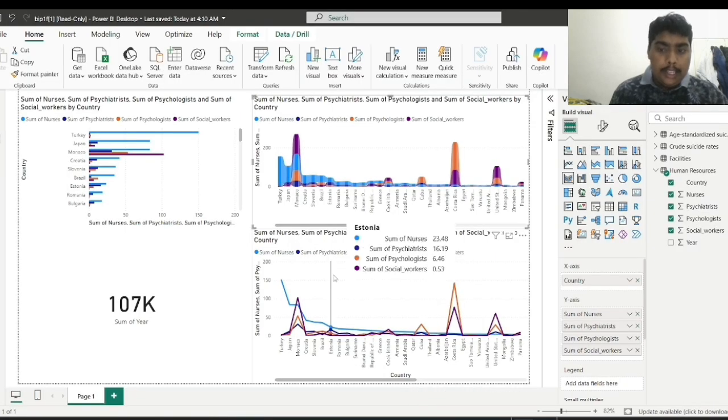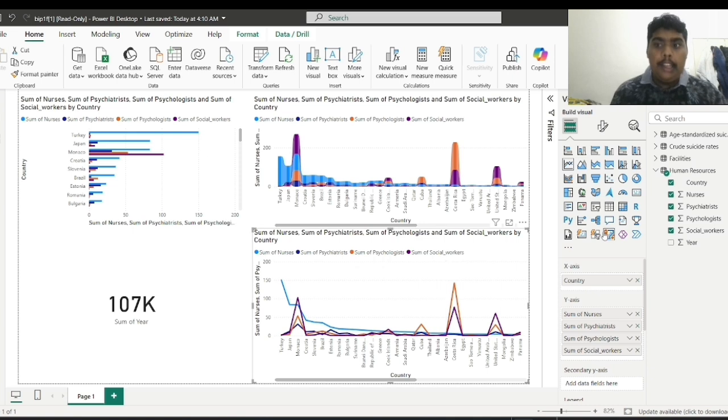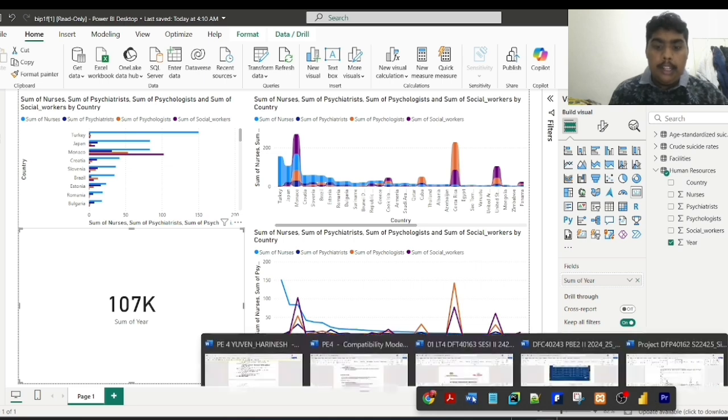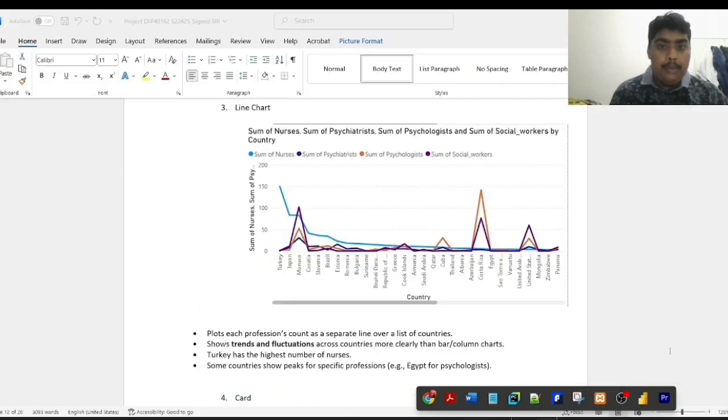Also, I use the same data here. And for the card, I just use the data here only. So this is how we do it.